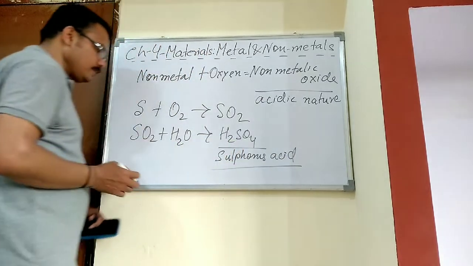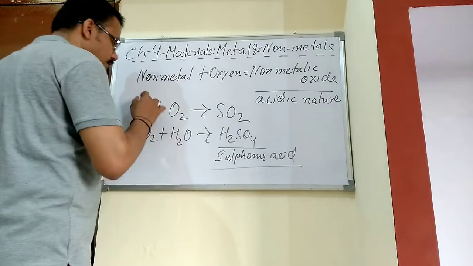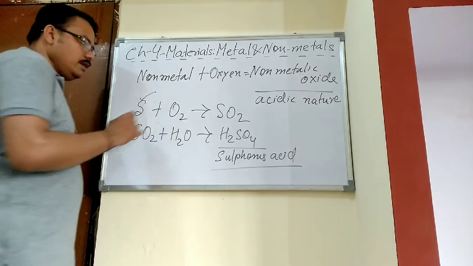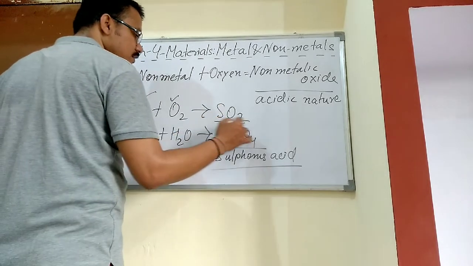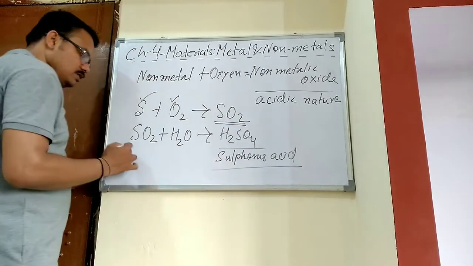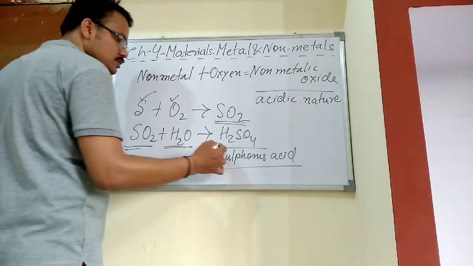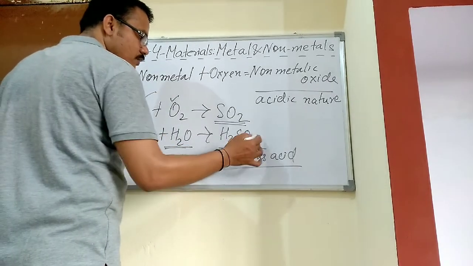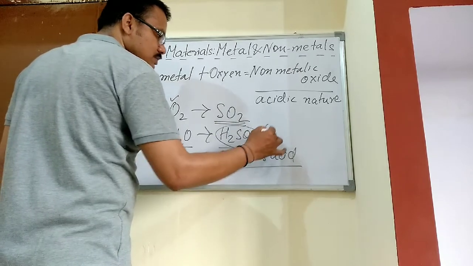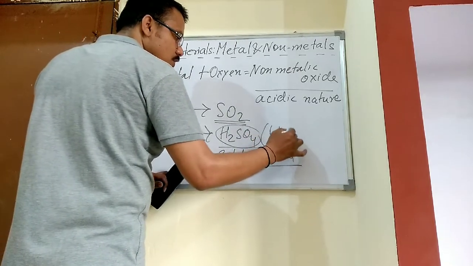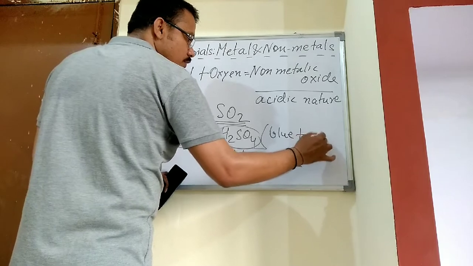So students, what you see here is that when a non-metal like sulfur reacts with oxygen, it forms sulfur dioxide, and when this sulfur dioxide is treated with water, it forms sulfurous acid. This is an acid that can turn blue litmus to red.